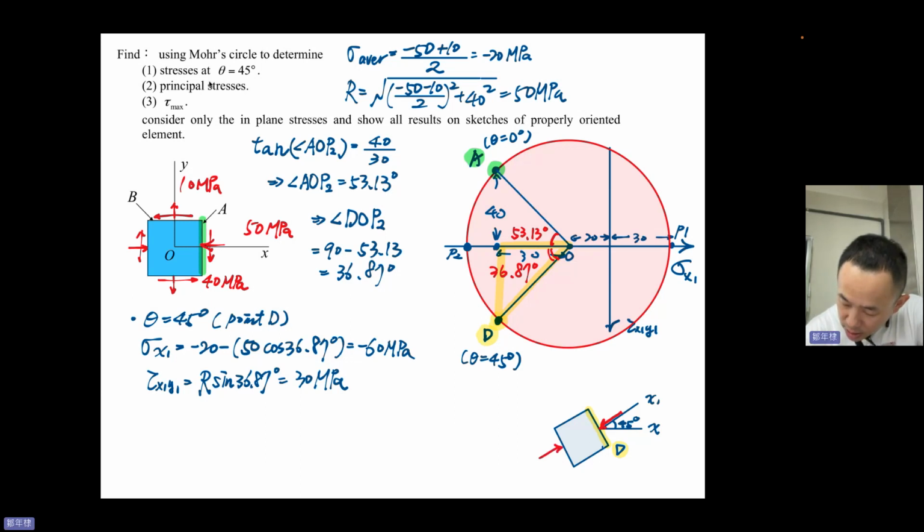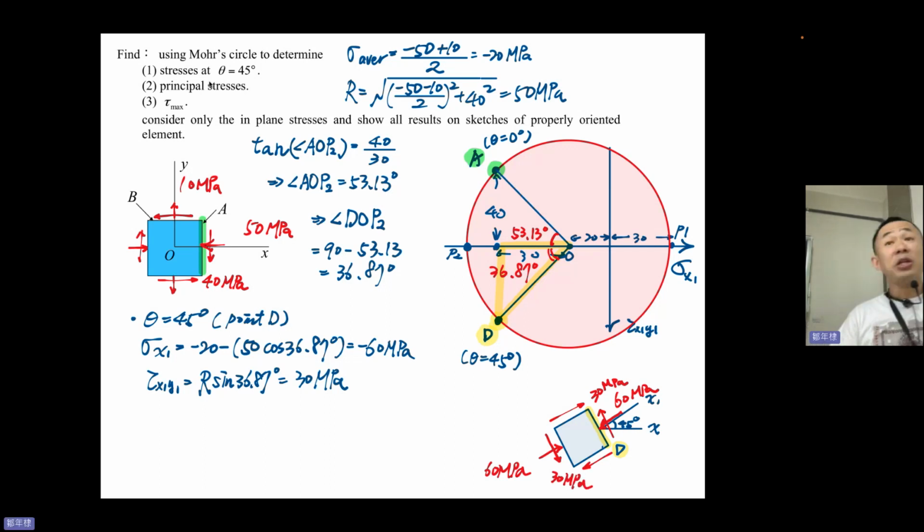Minus 60 MPa, and this is 60 MPa. And 30 MPa is positive, right? So yellow plane D, 30 MPa. Shear stresses come in pairs, so this is also 30 MPa. All right. So are we done?